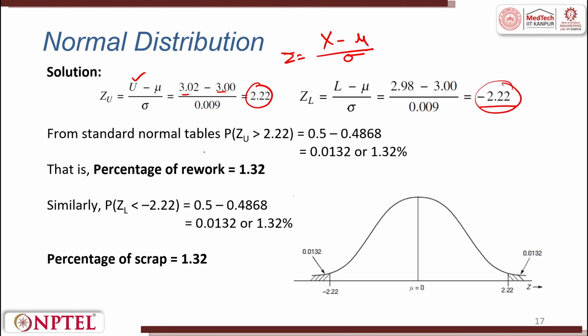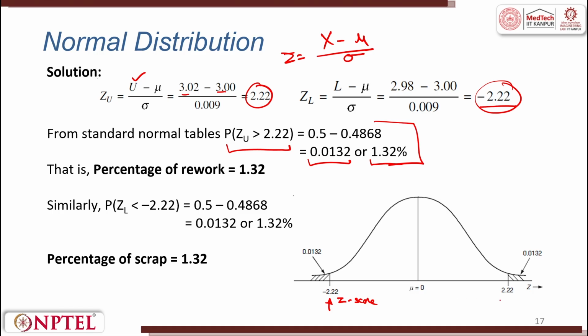So, from the standard normal distribution, that is the probability distribution tables, we see the probability for the z value. At this value, the probability is 1.32%. The percentage of rework is 1.32, that is, we have marked this minus 2.22, this is the z score.